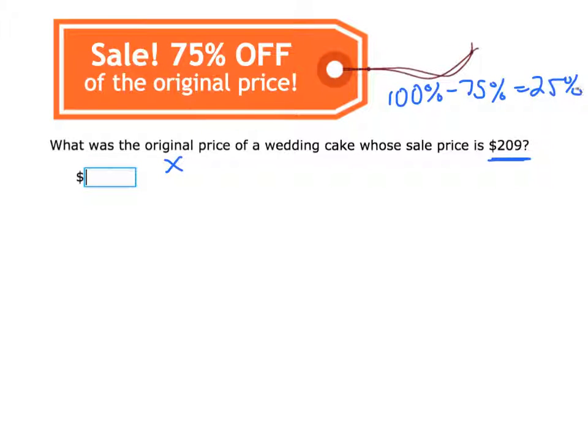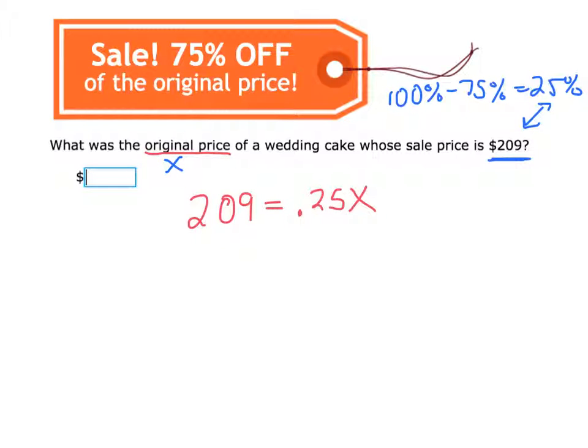That's a huge discount, which means that $209 is only 25%. It's basically only a fourth of what the original price was. So the sale price of $209 is the same thing as the decimal version of 25%, which is 0.25, times the original price.